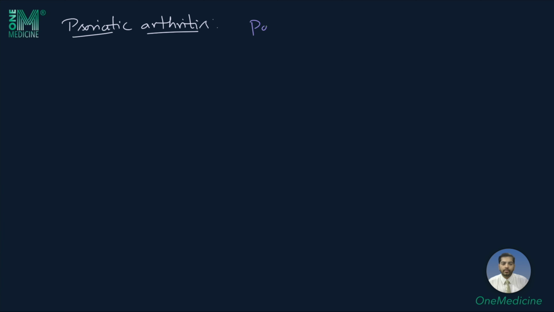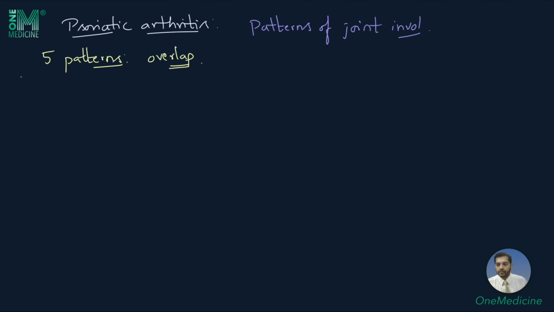Let's now look at the patterns of joint involvement in cases of psoriatic arthritis. There are 5 distinguished patterns of psoriatic arthritis, and there is a lot of overlap seen. Among them, the first pattern is asymmetric oligoarthritis.